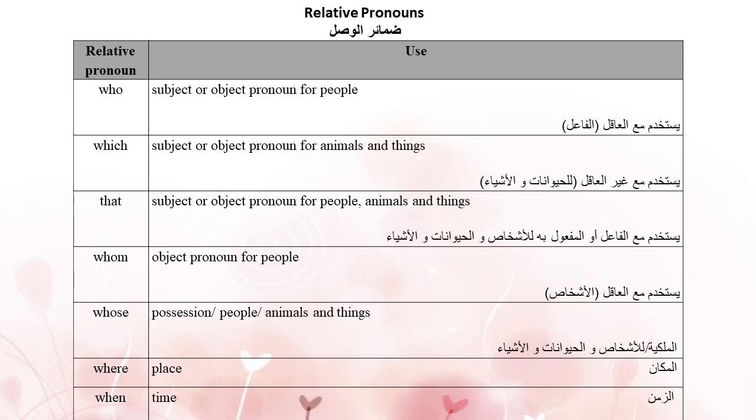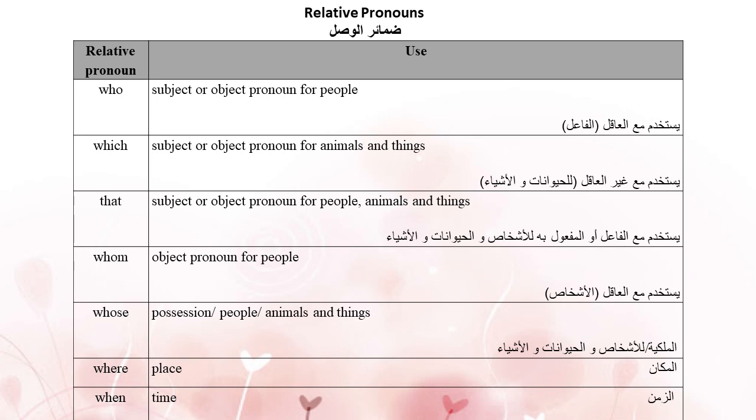Now, whose. Here we use whose for possession, for people, animals, and things. It means the thing that you can say in Arabic. For possession, it means the thing that belongs to people or animals or things. This is the woman whose daughter. This is the cat whose tail is. Next we have where, and you know this relative pronoun. We use it for place, and especially focus here: the place where an event happened, or where something happened.